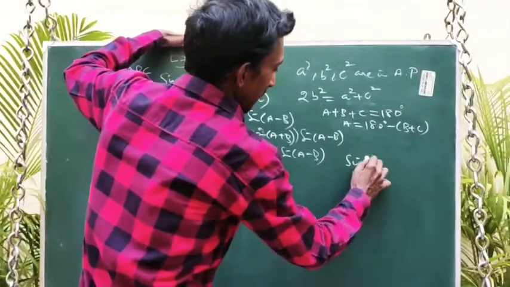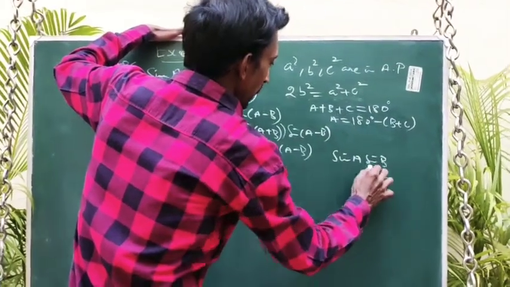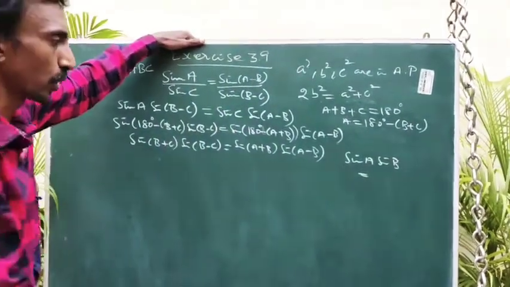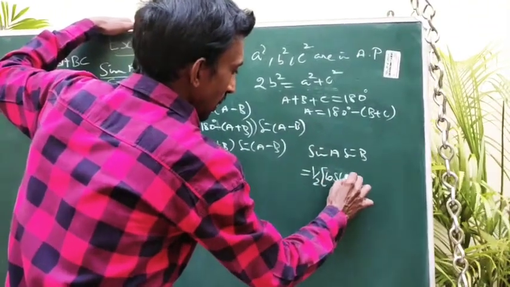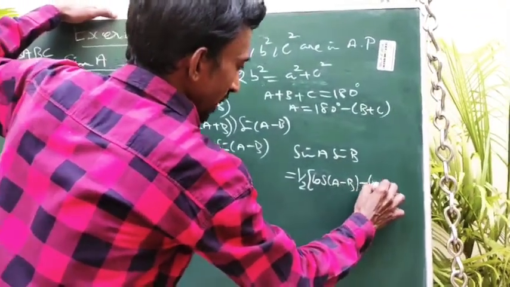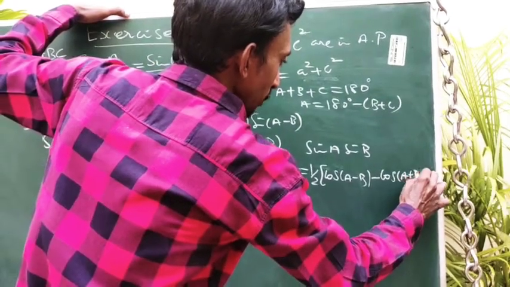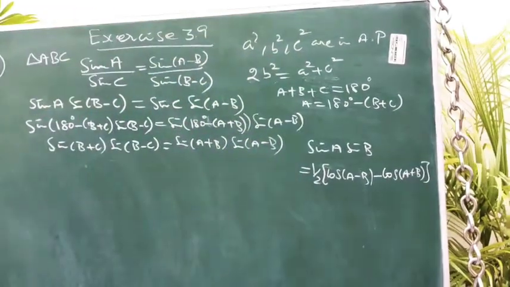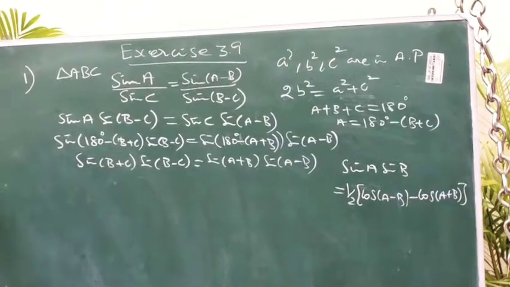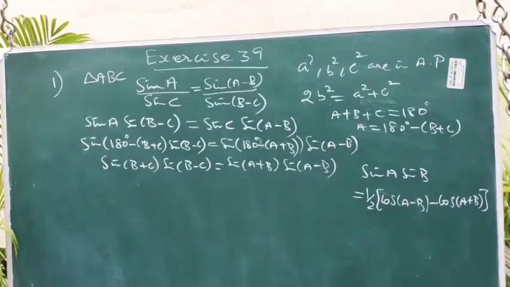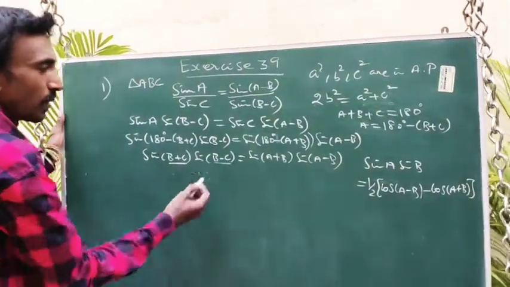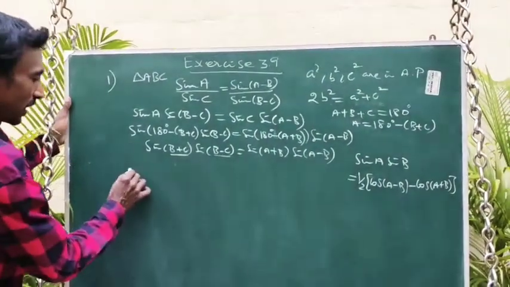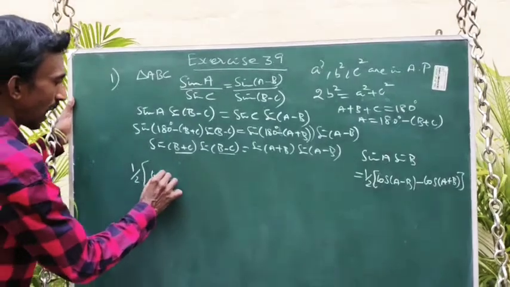We know the identity: sin A sin B equal to 1 by 2 into [cos(A minus B) minus cos(A plus B)]. Are you clear? So put A equal to B plus C, B equal to B minus C for the left hand side. So 1 by 2 into cos.